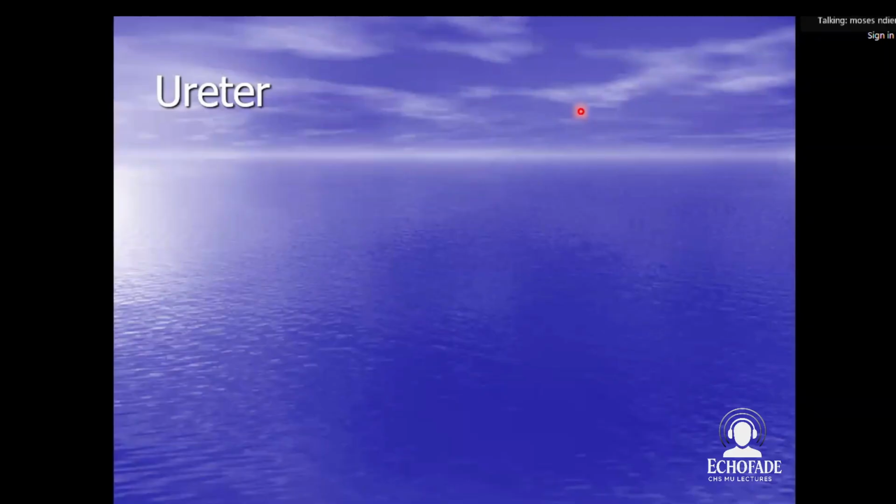Then we have a lamina propria consisting of loose connective tissue. After the lamina propria, we have a muscular layer comprising an inner longitudinal, middle circular, and outer longitudinal layer. Although they say longitudinal, the muscles appear spiral in nature.